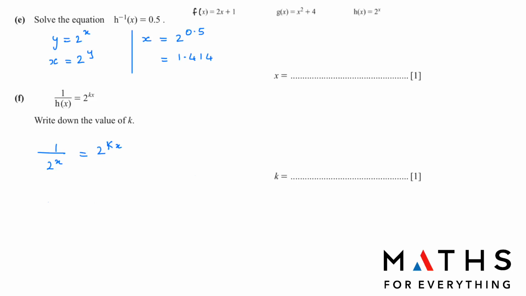So this can be written as 2 to the power of negative x is equal to 2 to the power of kx. If the base is same, they get cancelled and the powers equal each other. So negative x is equal to kx. We have to find k. We are going to shift this x to the other side. Negative x divided by x is k. This will get cancelled. We'll be left with negative 1. So negative 1 is equal to k.